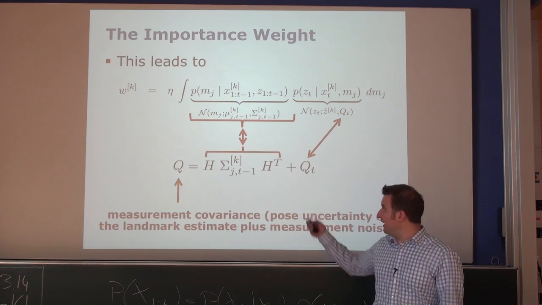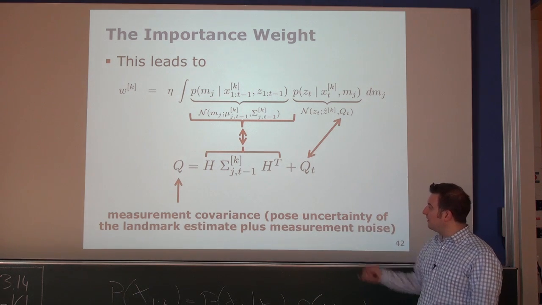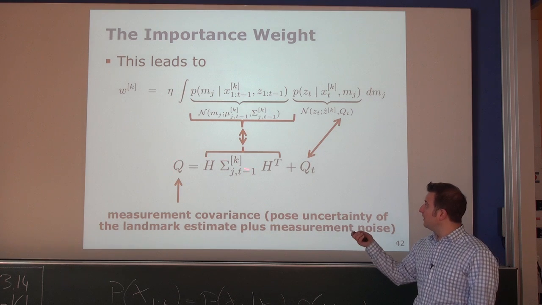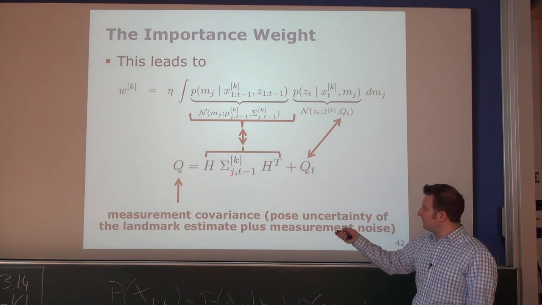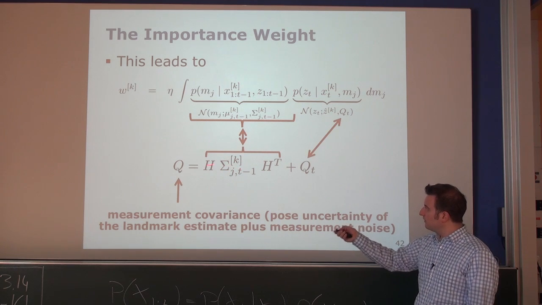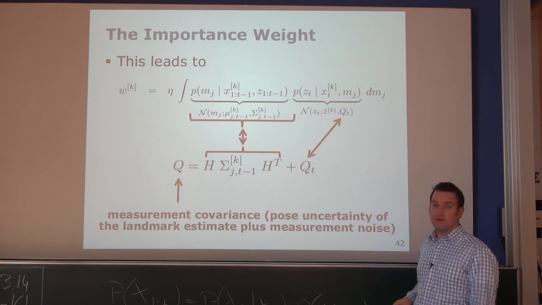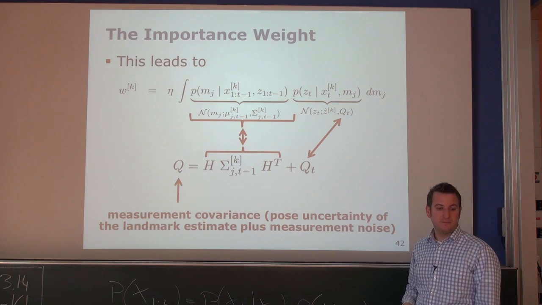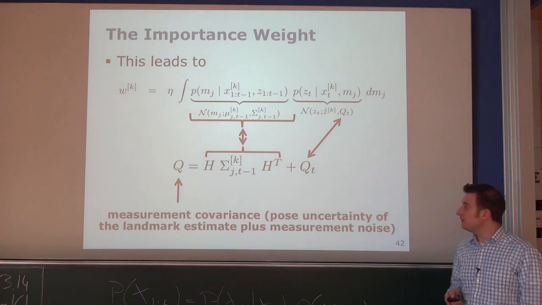As a result, I can combine that as the measurement covariance matrix Q, which is given by the previous estimate, the Jacobian of the observation, plus the measurement noise. This is the uncertainty of the belief up here.